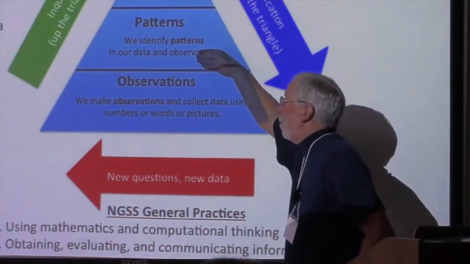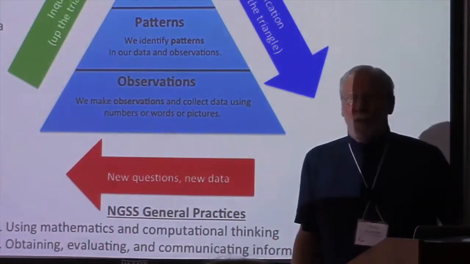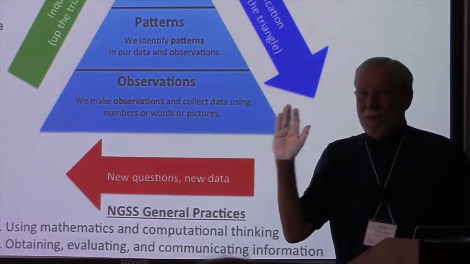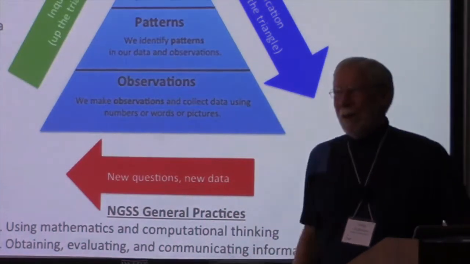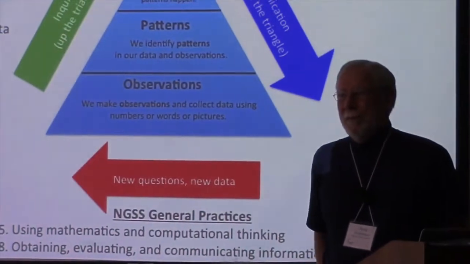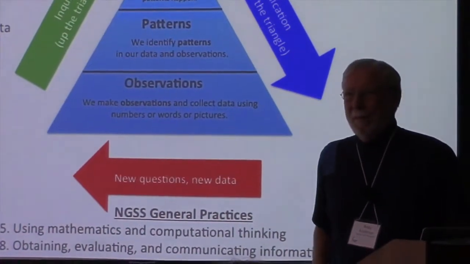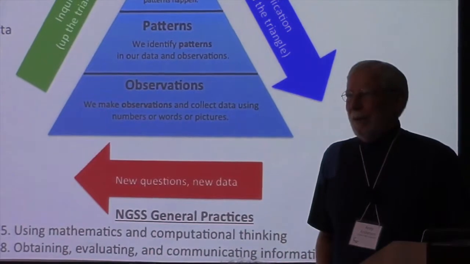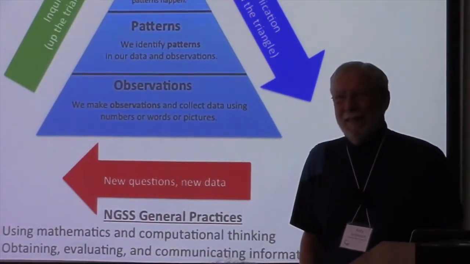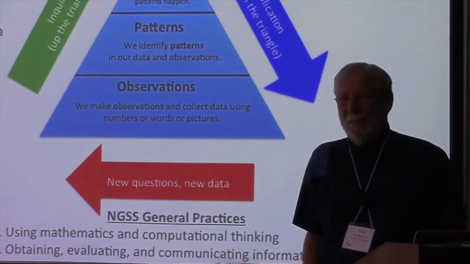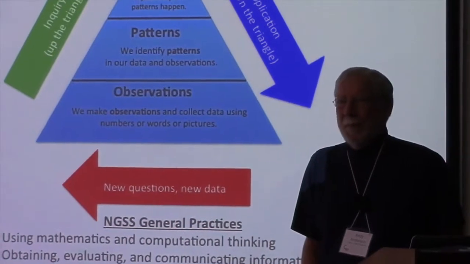So then what are the patterns in those observations that we need them to notice in order to go on to the models? Change in mass. Okay, what about the change in mass? Does something lose mass? Does something gain mass?